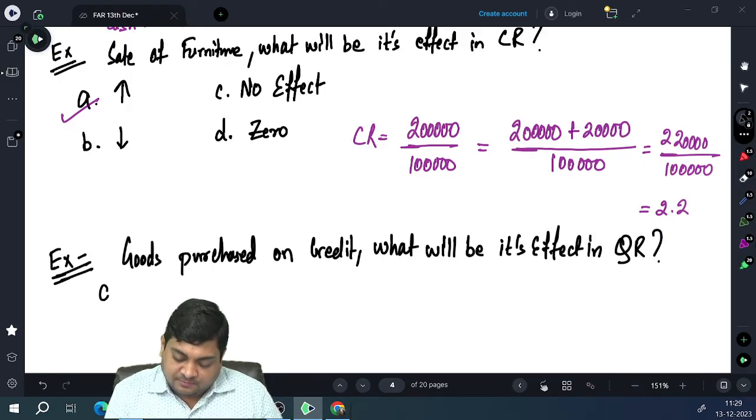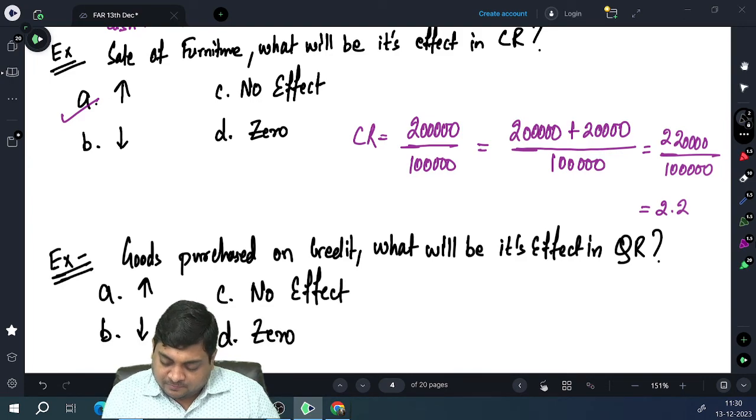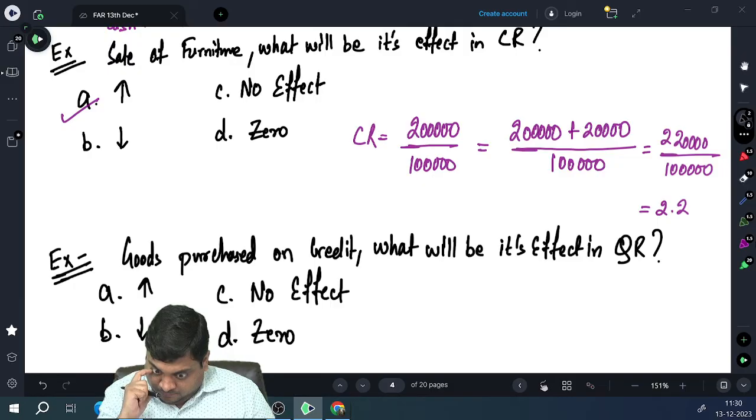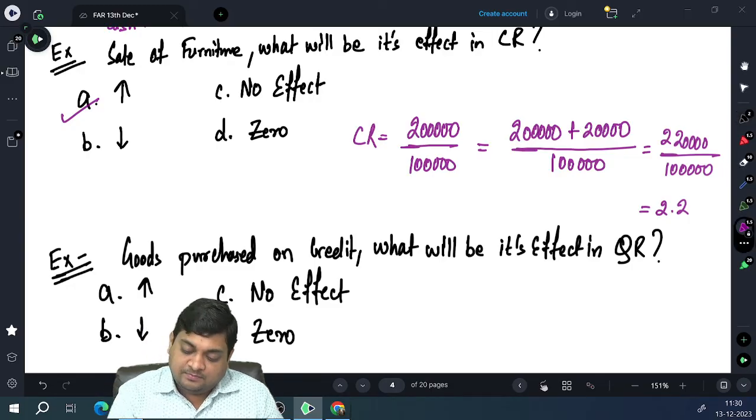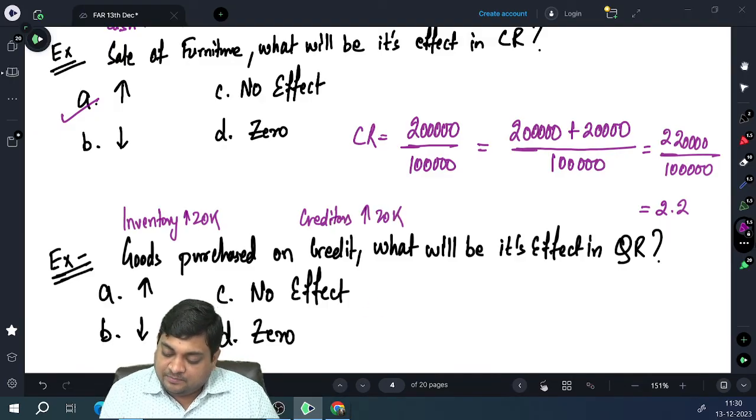Quick ratio. Now again, inventory increase by 20, creditor increase by 20.